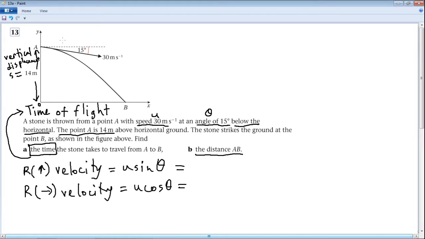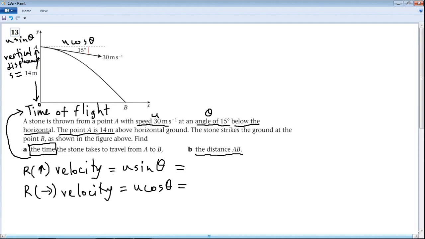So this should be u cos theta. The side with no angle, the opposite side of the angle, here we have no angle, so this should be u sine theta.